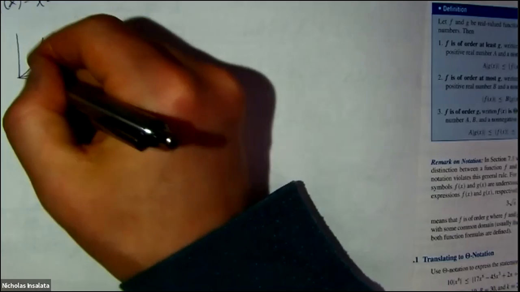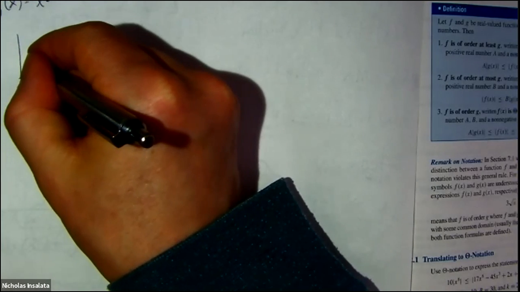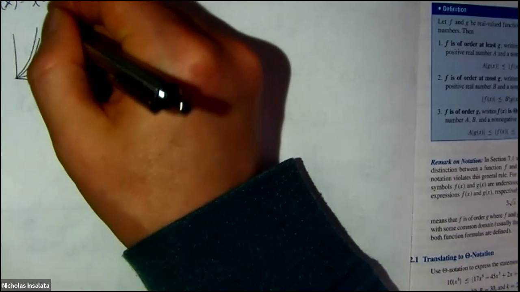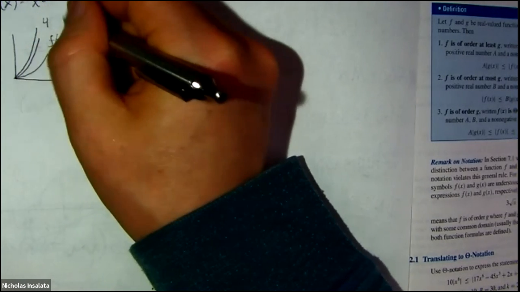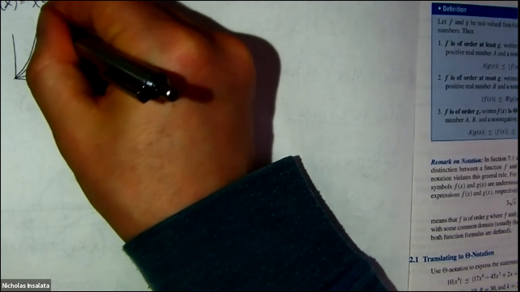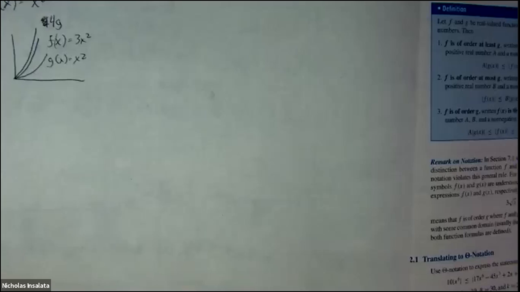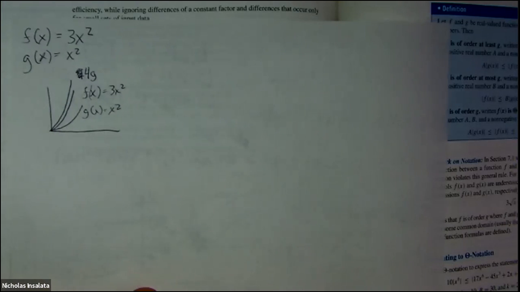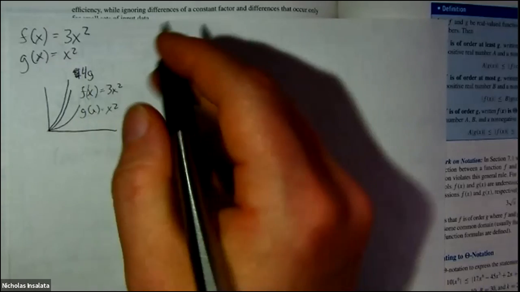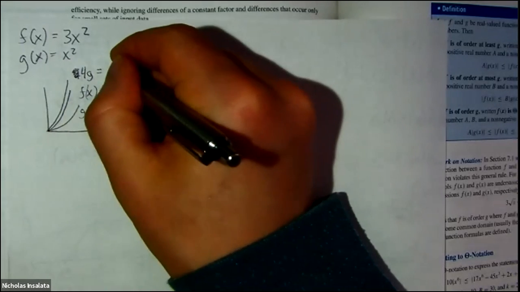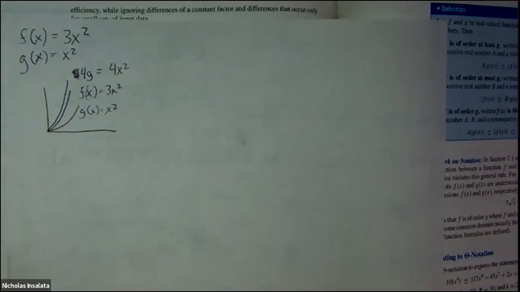So really what I want to do here is I'm going to say, okay, well, here's my new g, where 4 of g equals 4x squared, right?